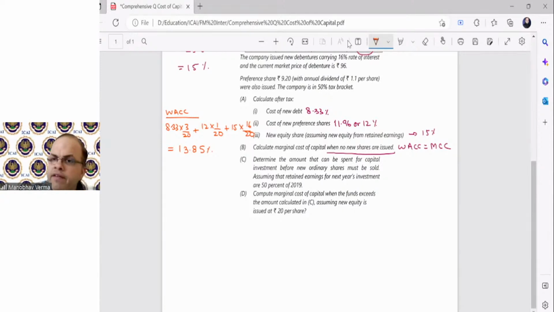So let me see if everyone is on the same page. Anything unresolved on the query panel right now? Okay, great. So moving on to question number C, guys.